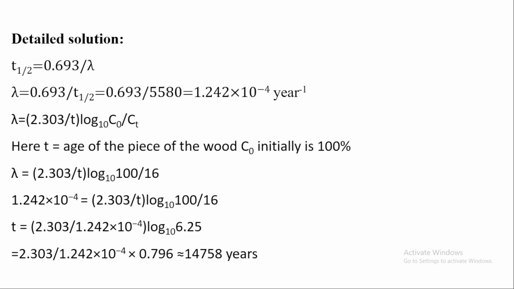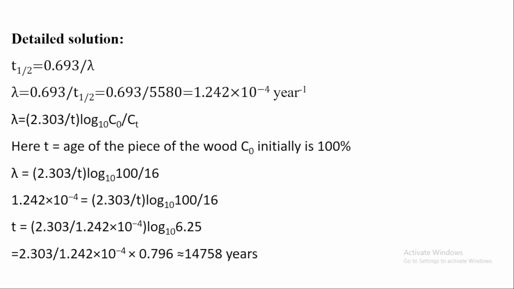Now lambda can be written as 2.303 over t. They have written the solution in terms of log base 10. When you have to convert from natural log to log base 10, you multiply by a factor of 2.303.